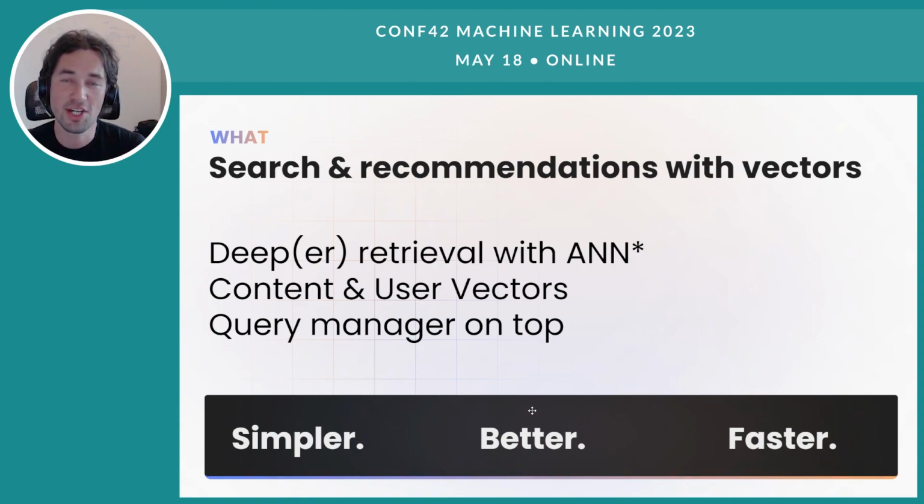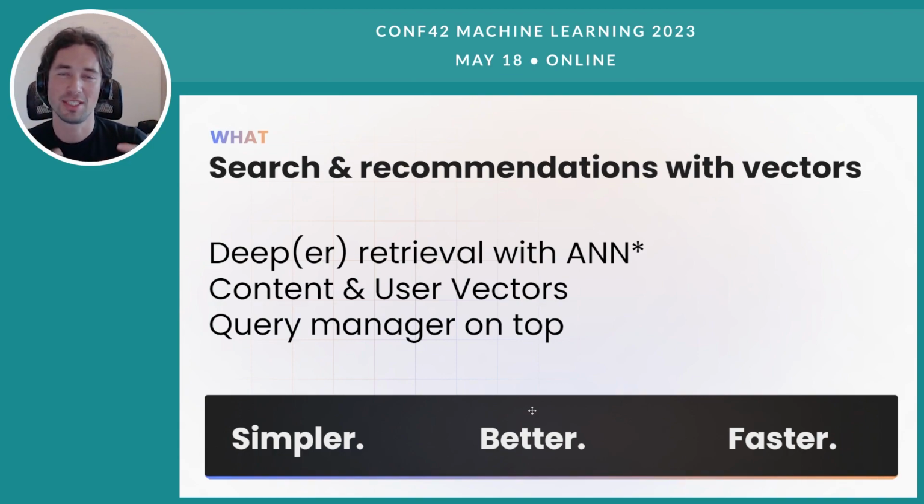What I want to look at here is new ways that you can use the fact that we can index these vectors and find similar vectors really, really fast. So we'll focus on that aspect of the problem. If you look at the stack of this new generation search and recommender system, we'll look at three aspects of it.